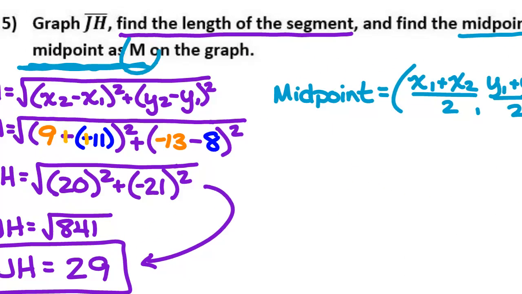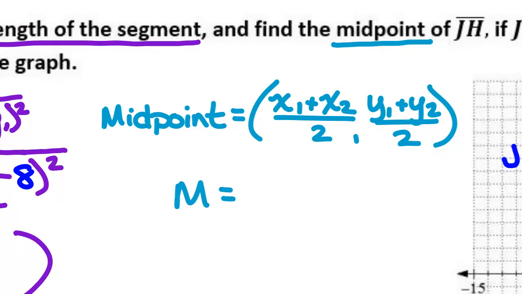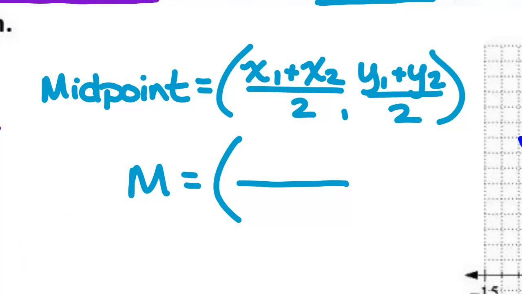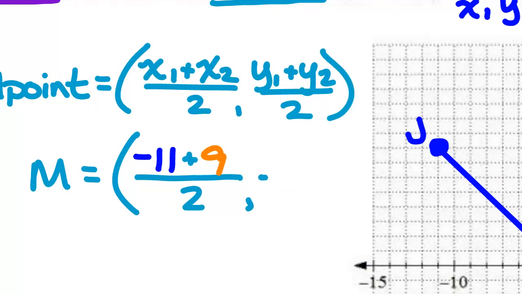We're supposed to call that midpoint M, so I'm going to replace the word midpoint with M, just like you'll see it on your formula sheet. x1 was negative 11 plus x2, which is 9, over 2. And then the fraction for my y's, we have y1, which is 8, plus y2, which is negative 13, over 2.